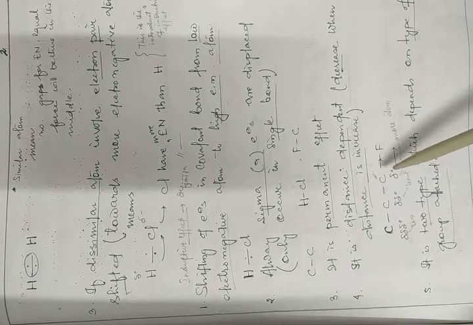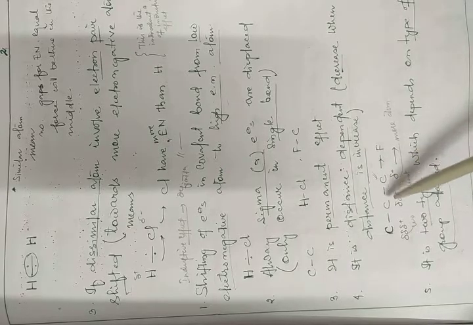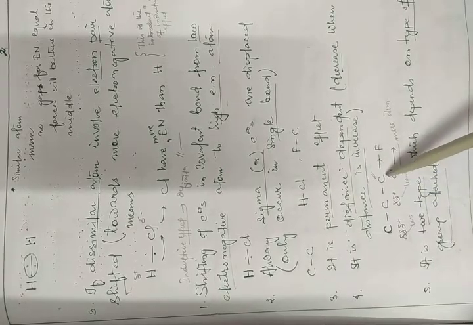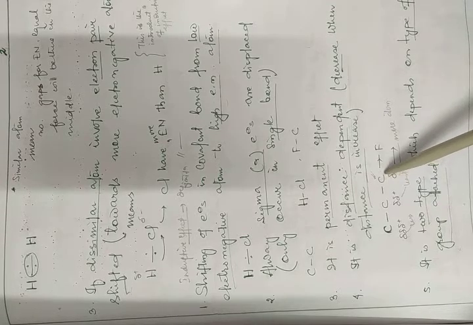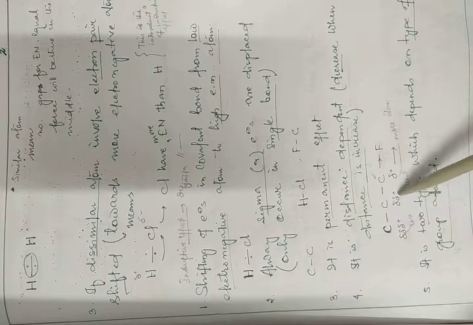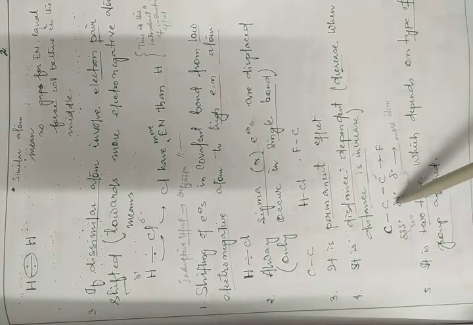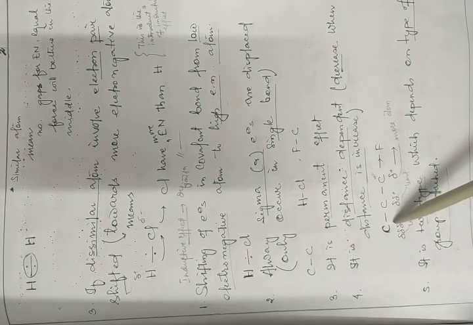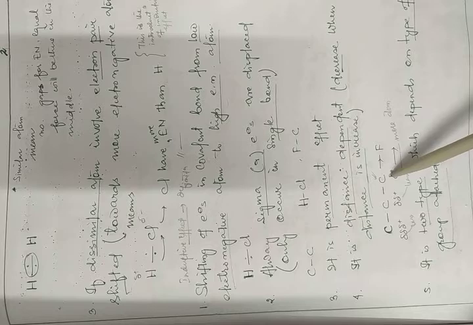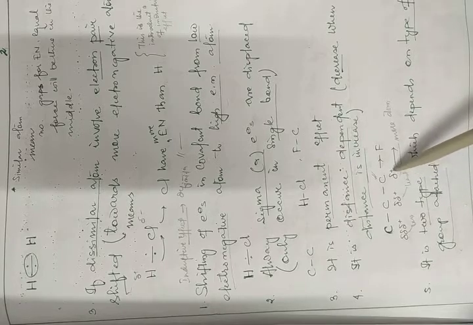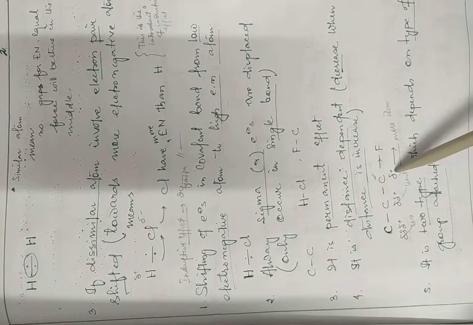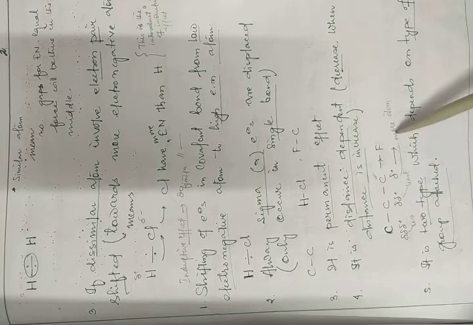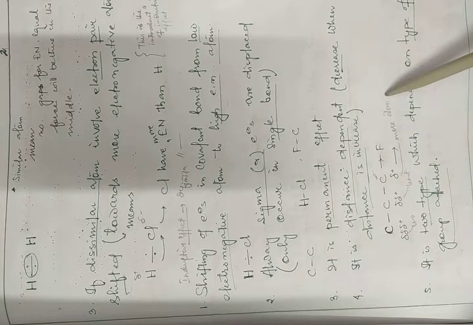This carbon will have delta positive, the next one less, and the next one even less. So the carbon nearest to the fluorine has the most positive charge.